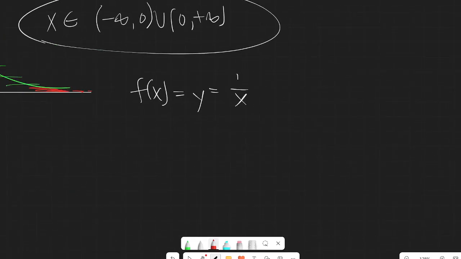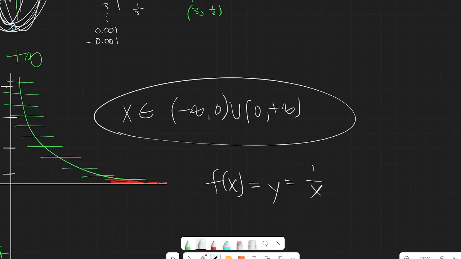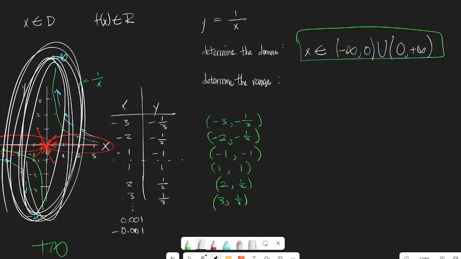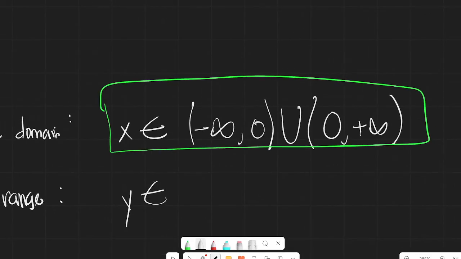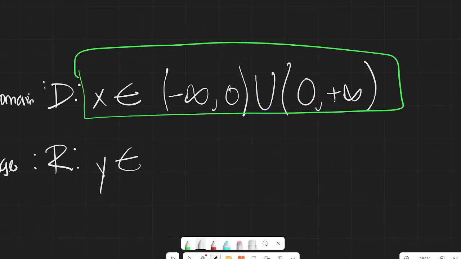So in this case, the domain and the range are the same expression. But this is just purely coincidence. They would say D colon, and then we would say R colon.